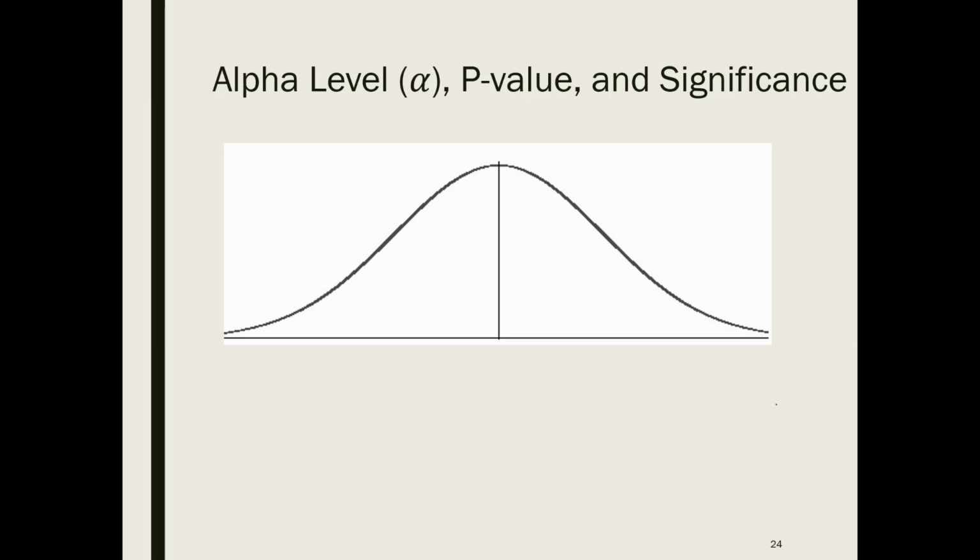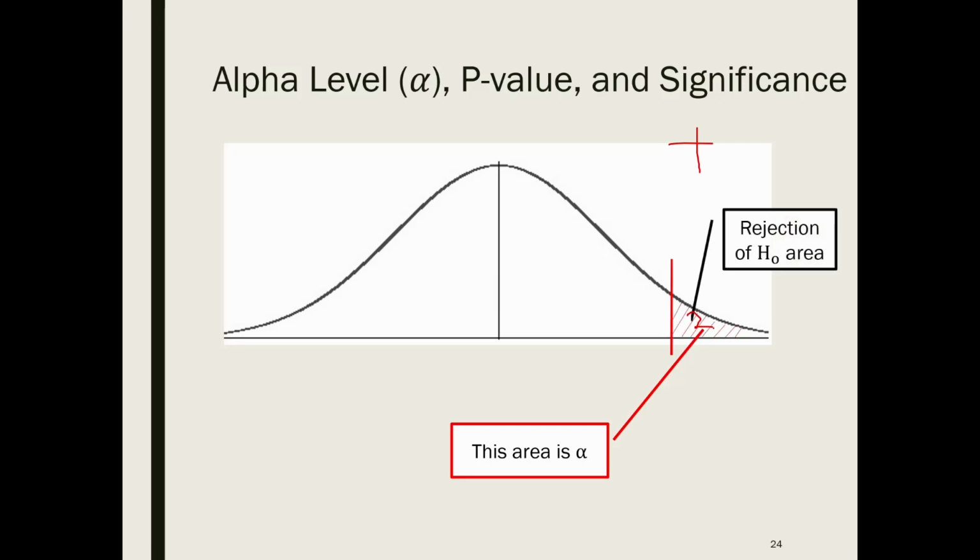So here is an example. If we do a one-tailed test on the positive side, a right-side directional test, this area will be the alpha area, and the rejection region for the null hypothesis will be anything in this area.